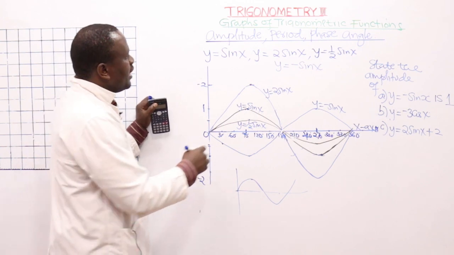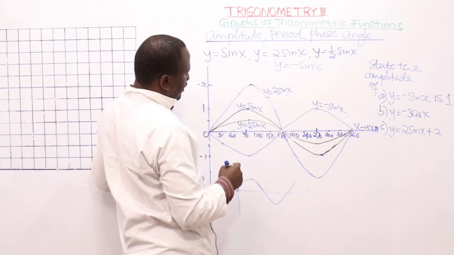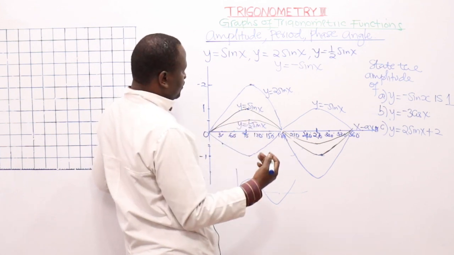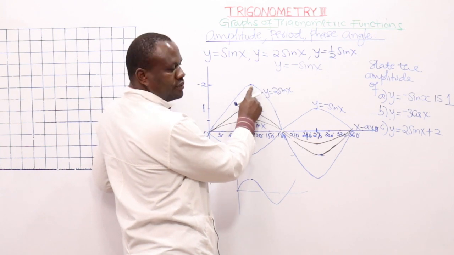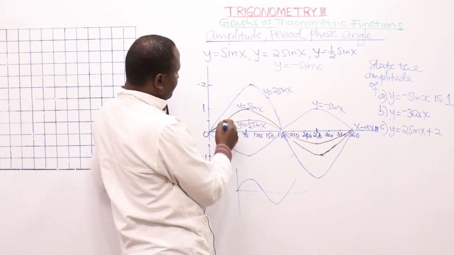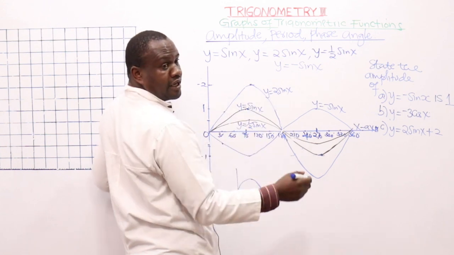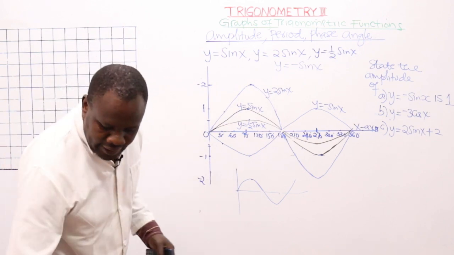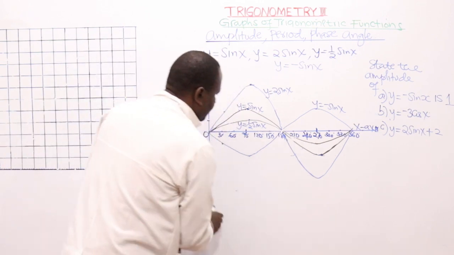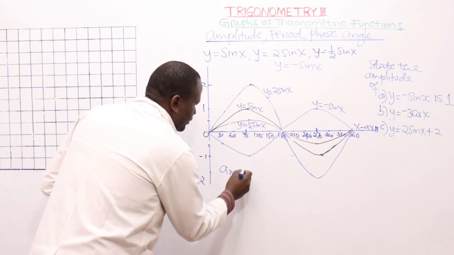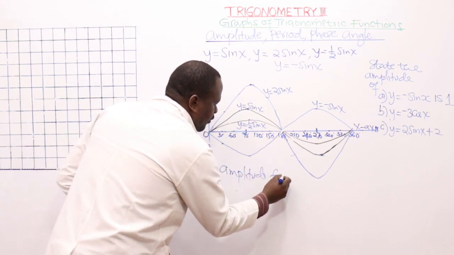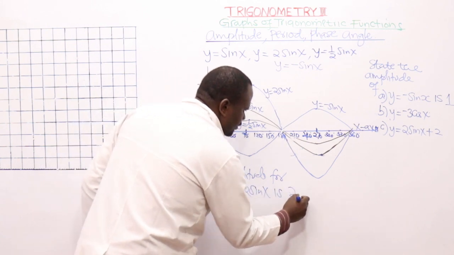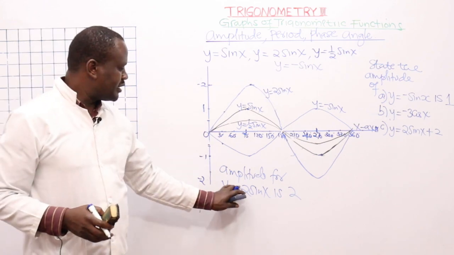Now, if we consider y is equals to 2 sine x, for every value of sine x, we multiply by 2. So 1 becomes 2. 0.5 becomes 1. And so on and so forth. So we say the amplitude for y is equals to 2 sine x is 2, even if it is negative 2.